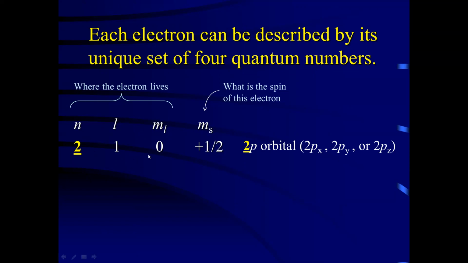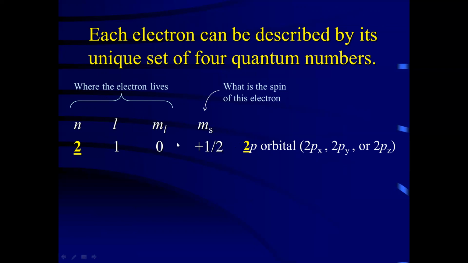For example, if you have this set of quantum numbers that tell you the principal quantum number equals 2, then write down 2 here, and L equals 1, that's corresponding to a p orbital. To remember, L equals 0, 1, 2, 3, and the orbital is named like s, p, d, f. So 1 corresponds to p orbital, and this one can tell you either it's px, py, or pz.